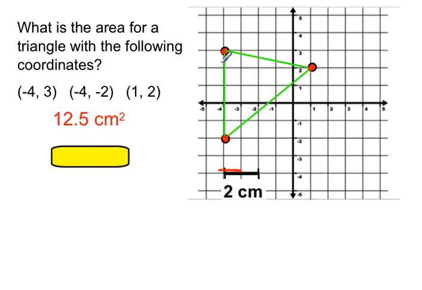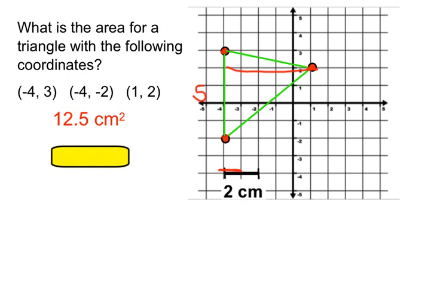Or we could just say, okay, this is going to be my base, and I have 1, 2, 3, 4, 5 as my base. My height is going to be established from a perpendicular line from here straight up, and so my height is going to be this distance. It would be 1, 2, 3, 4, 5.